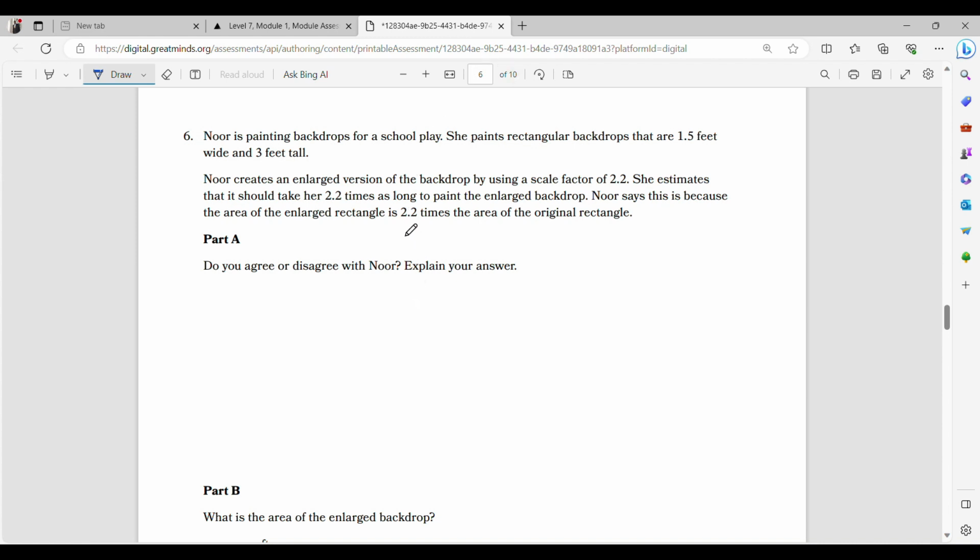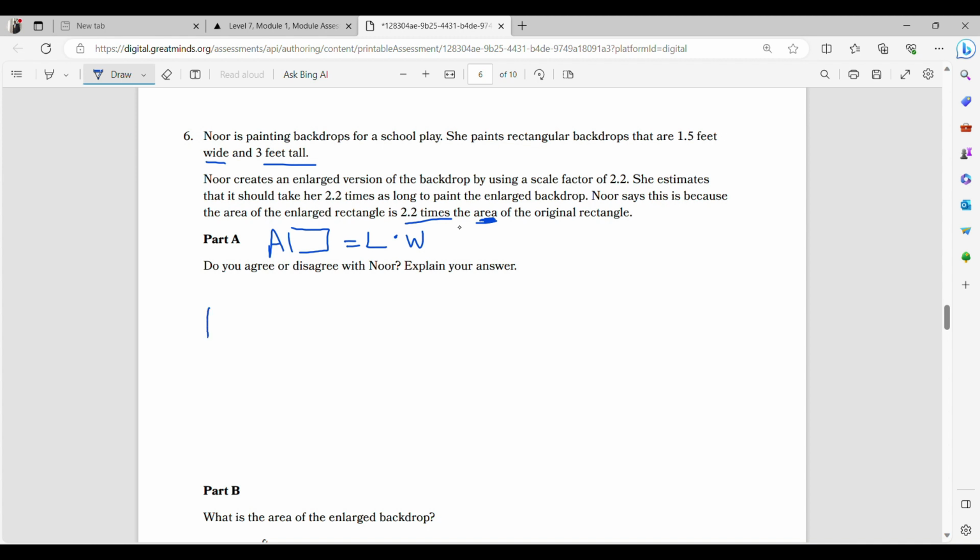Let's see what this part right here. Times the area. So we are looking for area. What's the formula for area, everyone? The area of a rectangle is equal to length times width. So wide is length, width will be tall for today.